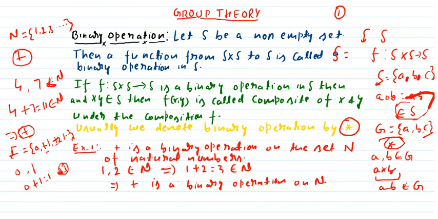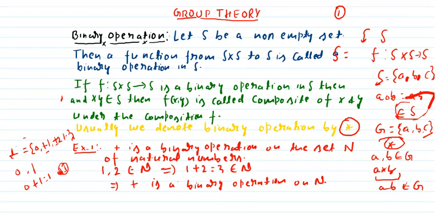Now we will consider another operation. Suppose I have to check if minus is a binary operation for the set of natural numbers. Let us again consider N equals 1, 2, 3. Now we can take any elements.